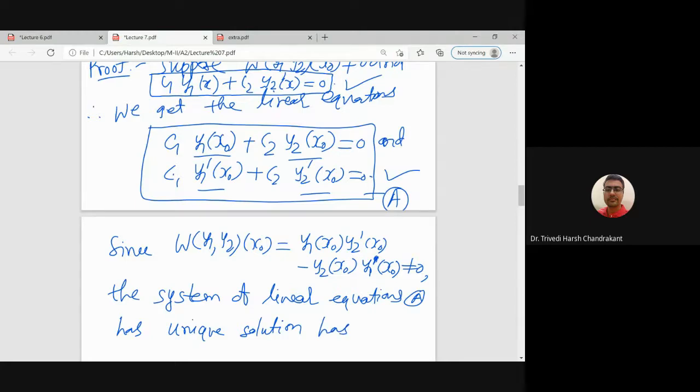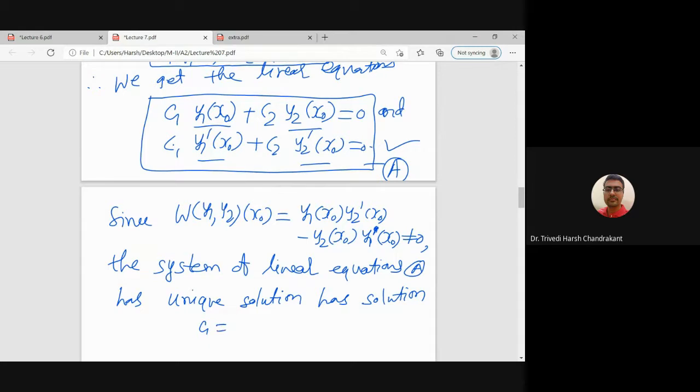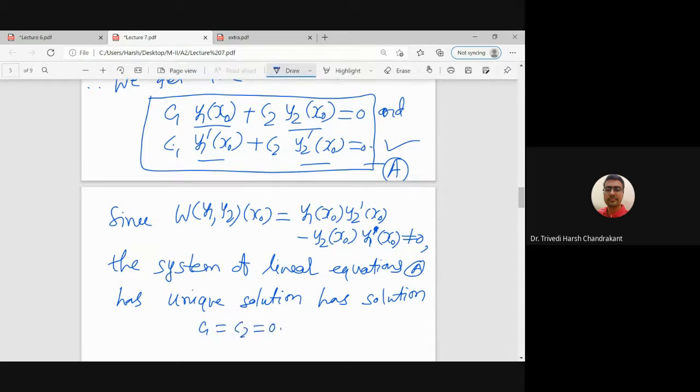That unique solution is c1 equals 0 and c2 equals 0.